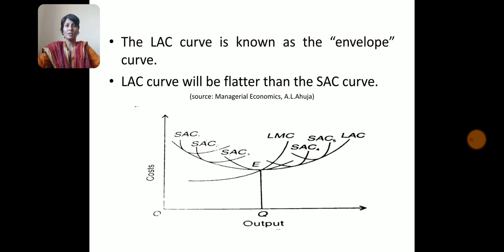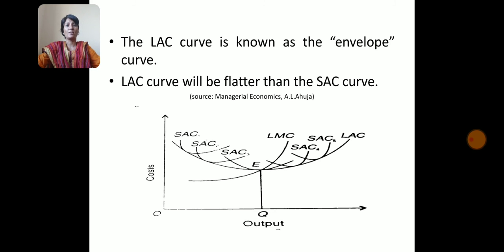Note that in the figure, each SAC curve corresponds to a particular plant size. This size is fixed, but what can vary is the variable input in the short run. In the long run, the firm will select that plant size which can minimize costs for a given level of output.